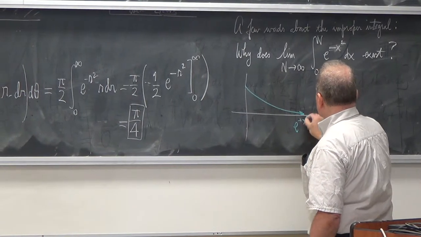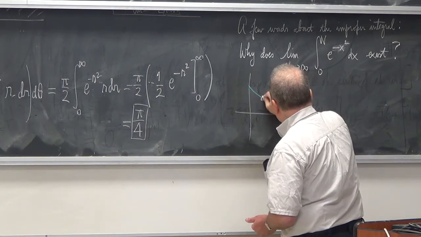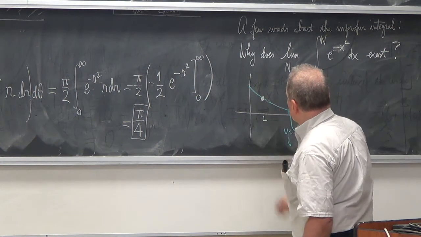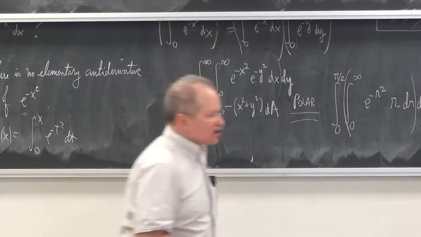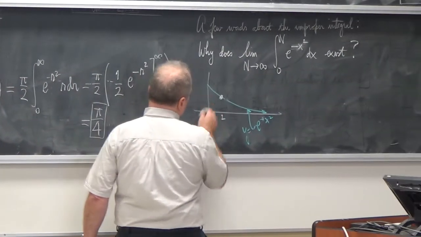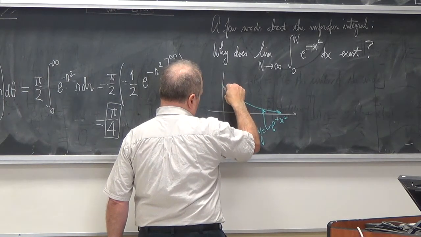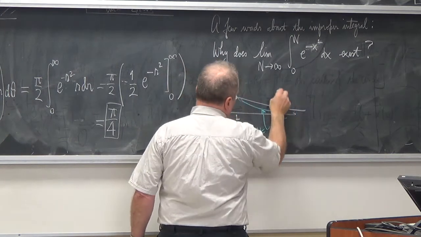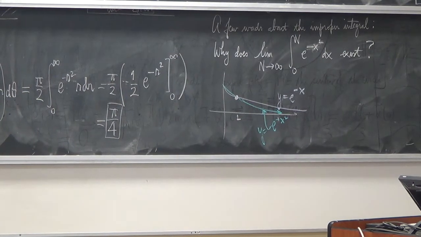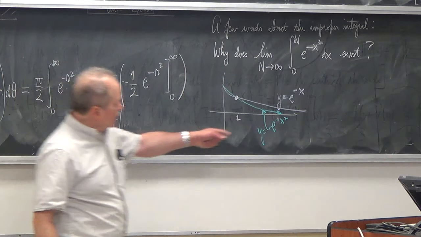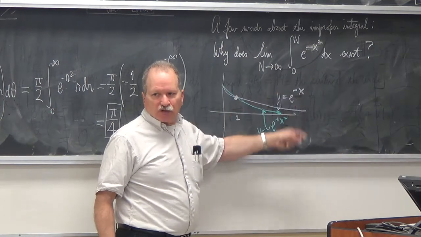Well, actually, I'd rather do something different. If I take y equals e to the negative x squared, then at x equals 1, it crosses a curve that also goes to 0, but not as quickly. And that's e to the negative x. x squared gets way bigger than x, so 1 over e to the x squared is much, much smaller than 1 over e to the x.